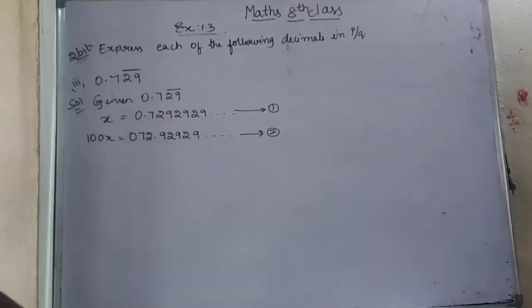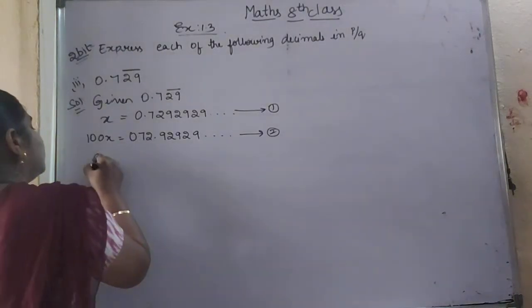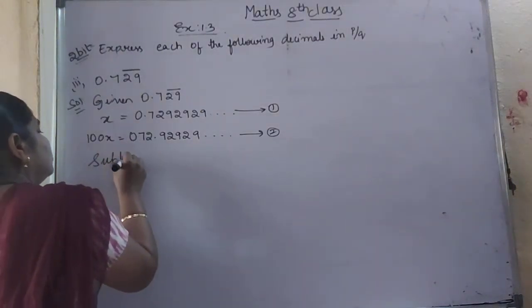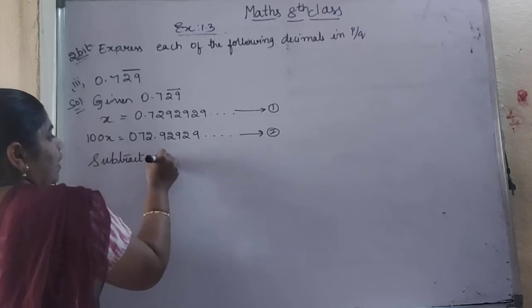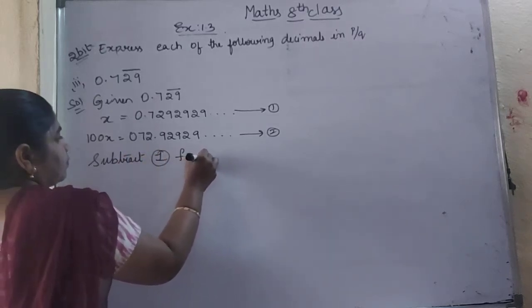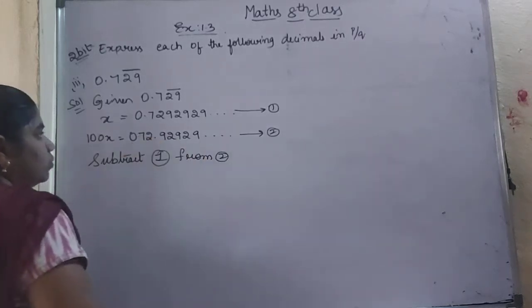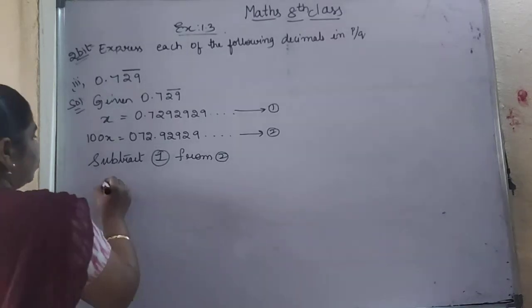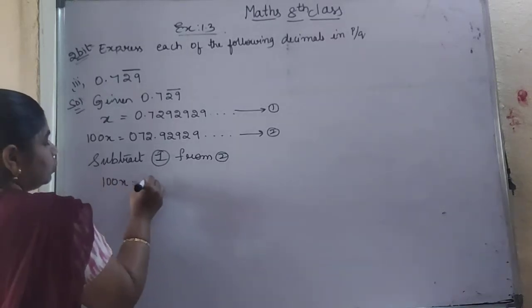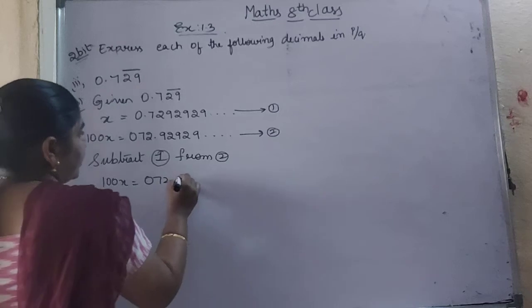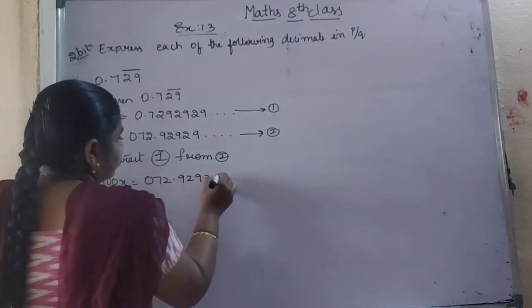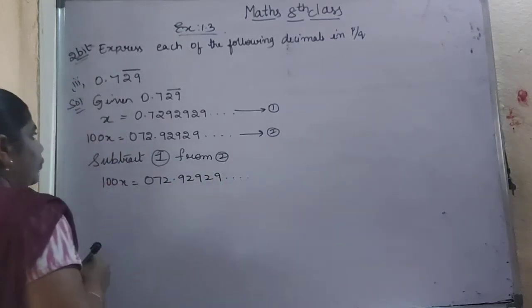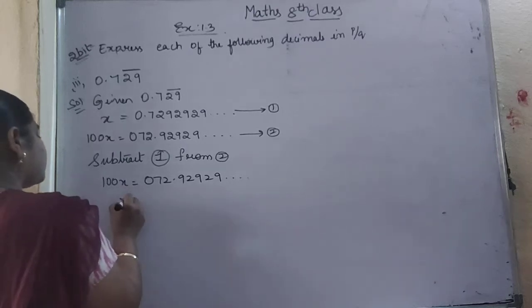Now what we have to do, we have to subtract these two equations. So subtract 1 from 2. So what is 2 here? 2 is 100x equals 72.92929 and so on.